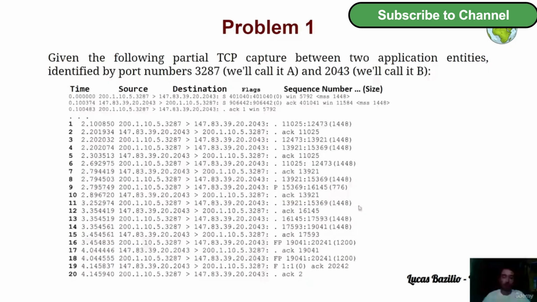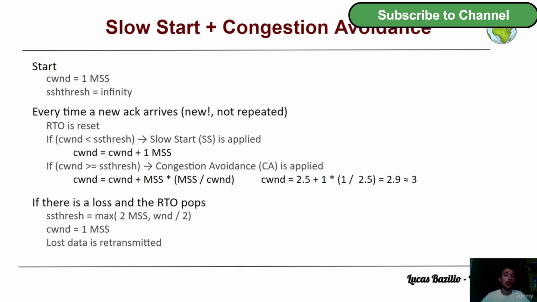And now, finally, on exchange 19, we have an acknowledgement of new data. This acknowledgement has never been seen before. Since this is an acknowledgement of new data, we need to increase the congestion window. Since now the value of the congestion window is 1, it is less than the threshold, so we are not going to apply the congestion avoidance formula.